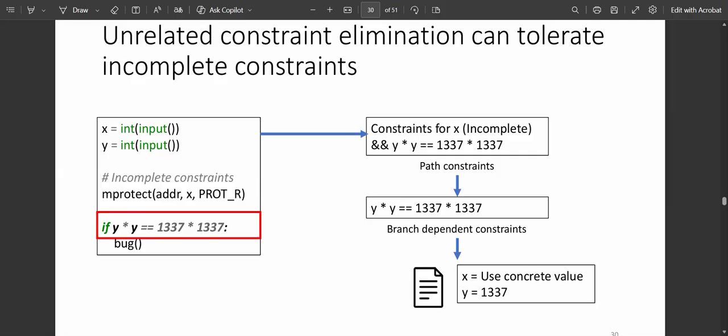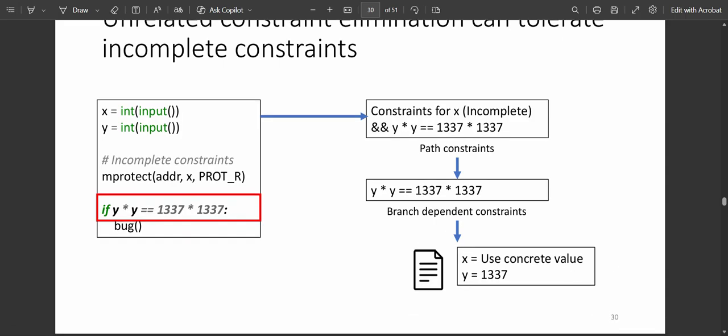Some of this is in one of the if statements that we have, where you can see how it is being processed, and the output that you get is x equals the concrete value, and y is the same: 1337 multiplied by 1337. The y value is 1337.